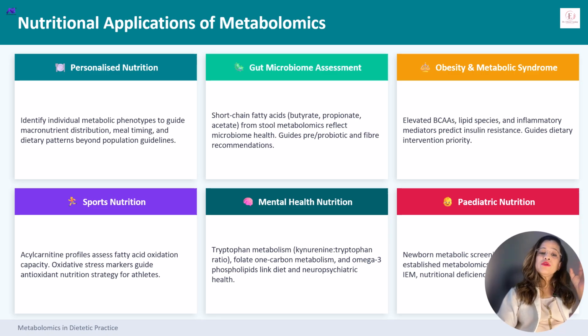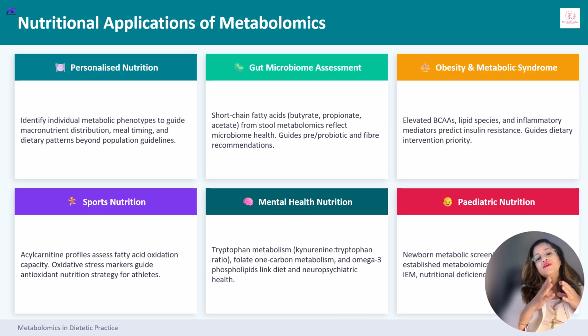When you talk about, say, obesity and metabolic syndrome, in these cases, as we talked about in the first slide, there is elevation of branched chain amino acids. Now, we all propagate branched chain amino acids for liver diseases and other things, but is excess also good or bad?